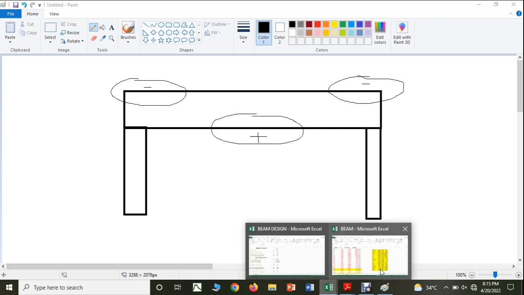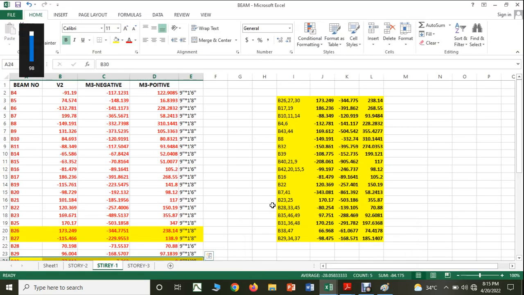According to that, the negative bending moment that I am going to see is 173.249, whereas the positive bending moment that I am going to see is minus 144.775.